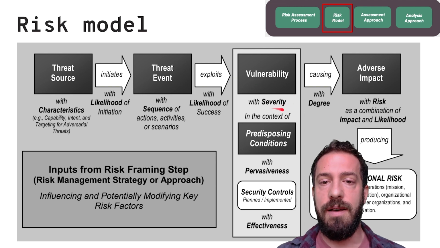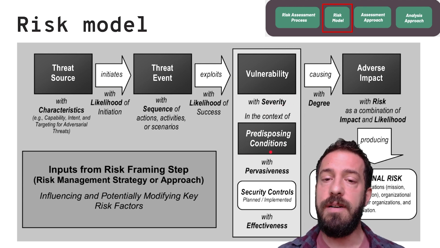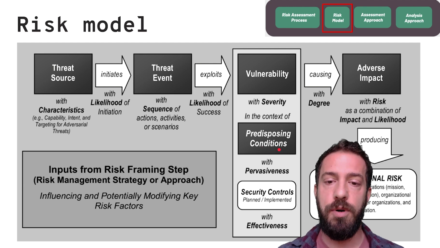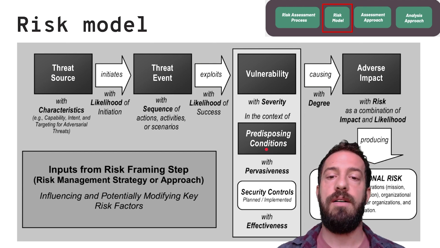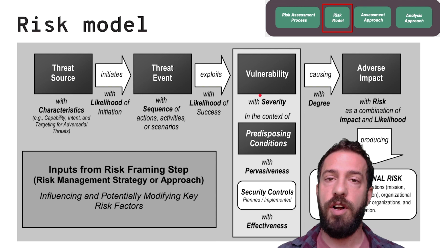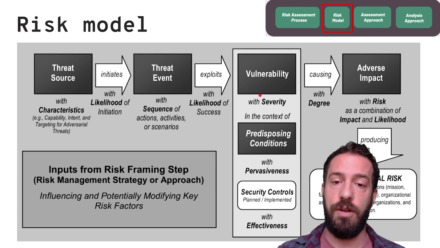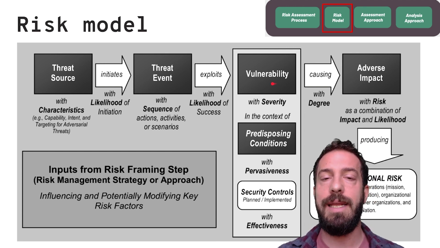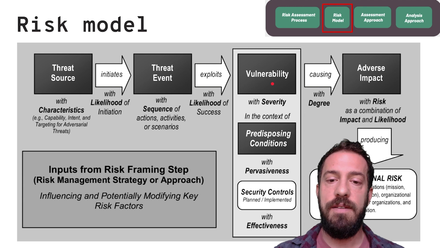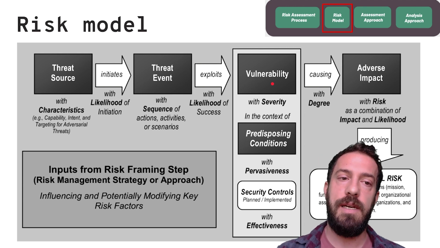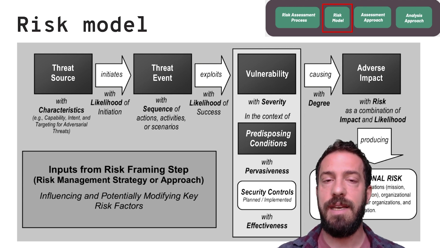A vulnerability will have some severity, and it can also differ given different predisposing conditions. Do we have a device with a buffer overflow problem connected to the internet or not? Even though the vulnerability exists, it has different predisposing conditions, because the risk is different if it's connected to the internet or not.